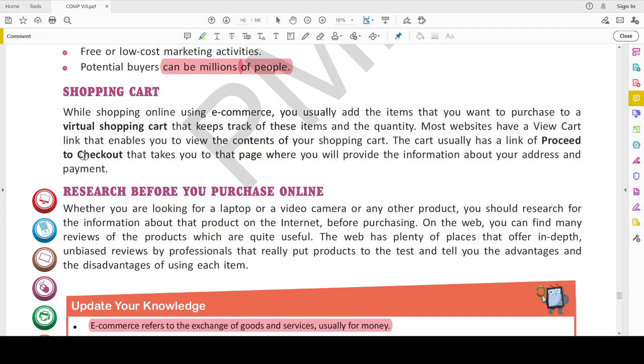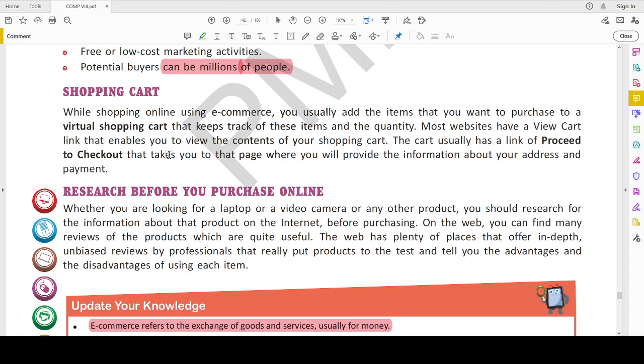So if you click on the proceed to checkout or proceed to pay or things like that, it will take you to the payment site where you can give your financial details like the card details, the debit card or the credit card or the net banking, whatever it is. You can give the details and the items will be paid.